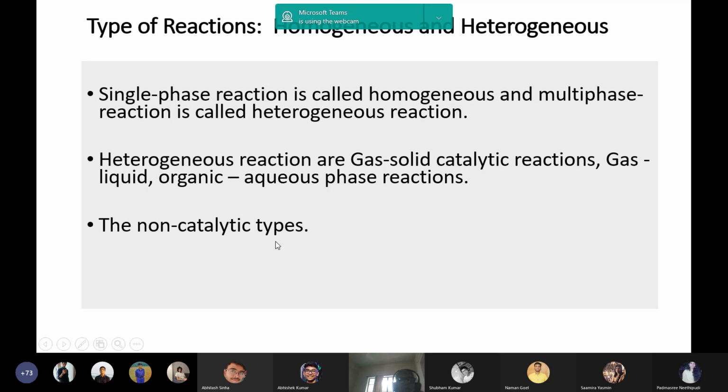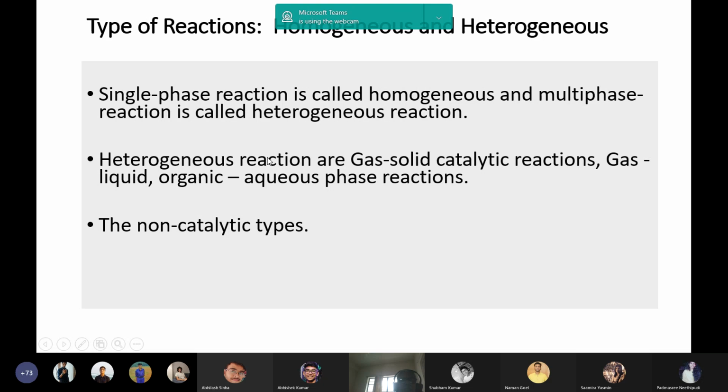Non-catalytic and heterogeneous reactions will be covered mainly by Professor Sengupta in the other section. So what I have introduced is the course, but the other sections will not be shown in detail.